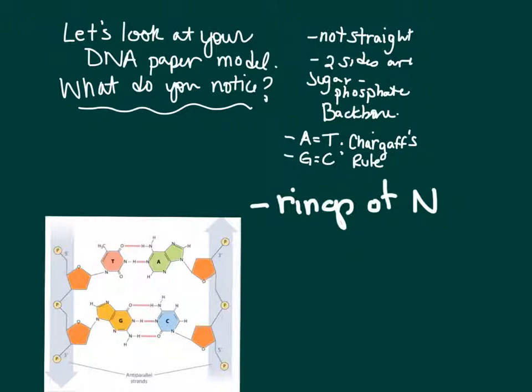So as I go across, if I add up the number of rings in A and T, how many rings is that? How many? 3. And if I add up the rings in G and C, how many is that? 3. So the complementary base pairs mean that it's always 3 rings wide. The spacing is always the same. 3 rings wide at any given point.